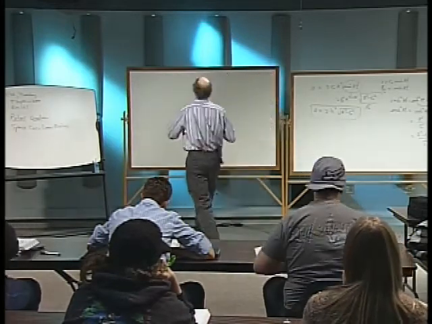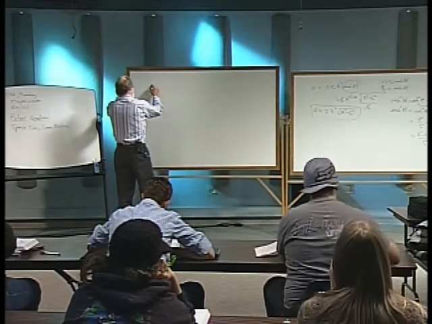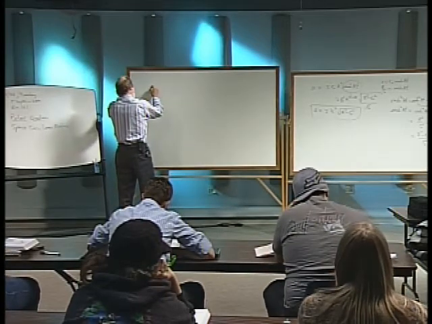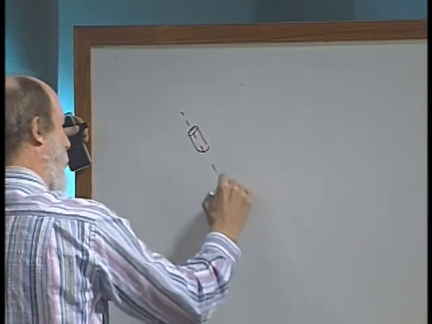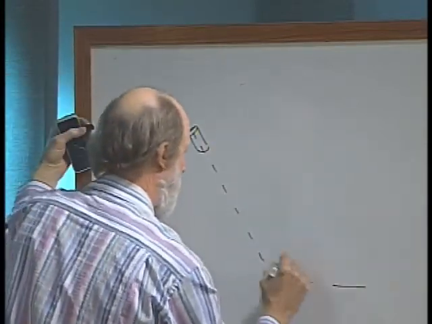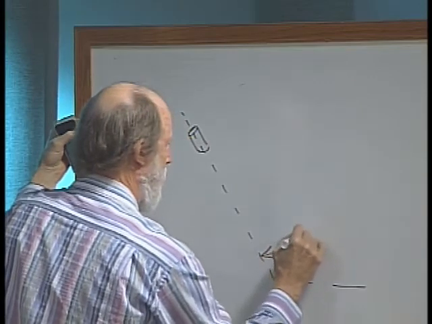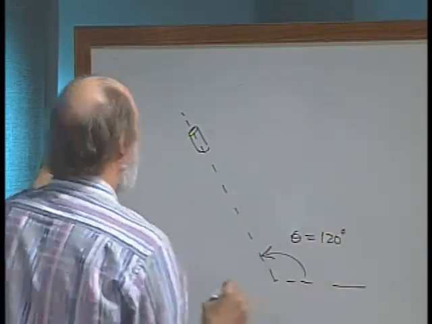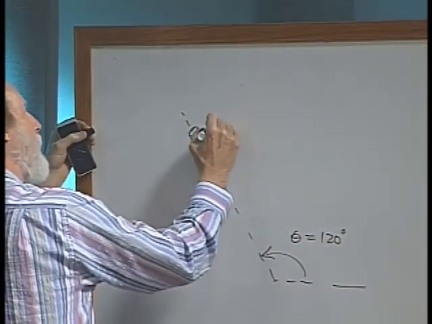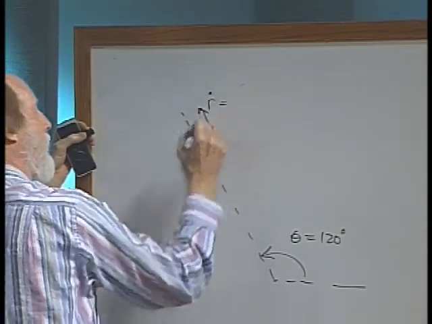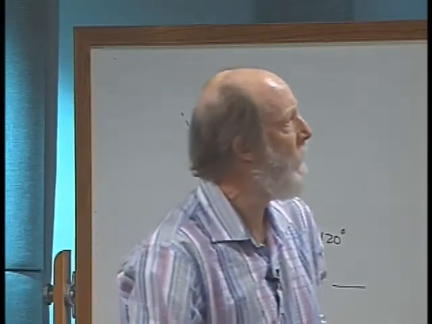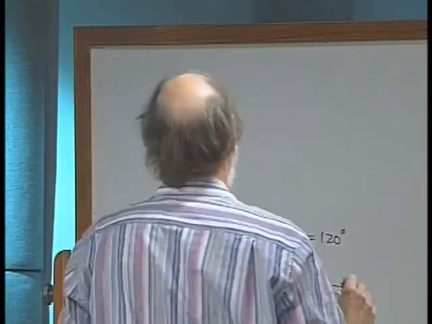So we have the arm with a pin in there, and it's at a theta angle at this instant of 120 degrees. It is moving radially outward with an R dot reading of 40 millimeters a second.